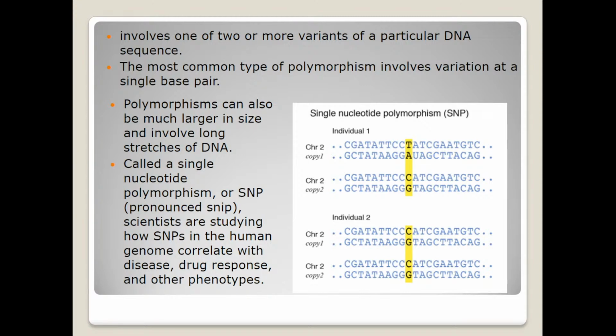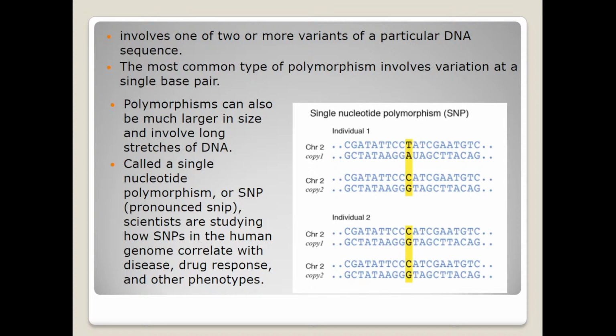Now again, I give you this information, pictorial information, and I also use 2 individuals. One individual in the upper part has chromosome 2 copy 1 and chromosome 2 copy 2 from both parents, from mother and from father.